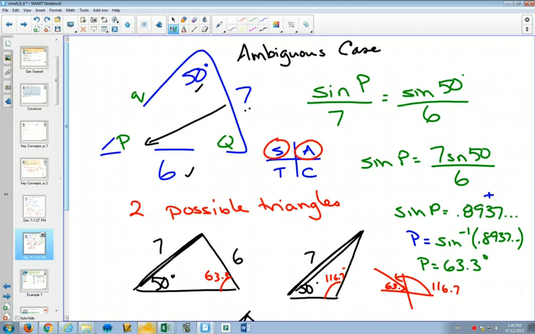And this side here would be 6. So that 6 side could either go this way or that way, and everything else would stay true. And then you could find the other side. So this is an example of the ambiguous case. You recognize you can use the sine law, but that opposite side is smaller than the adjacent side.